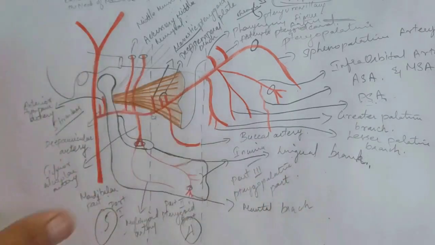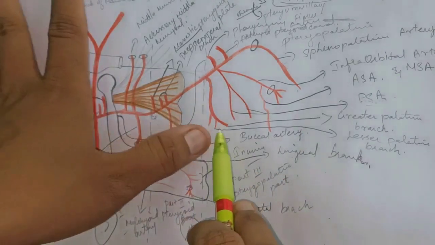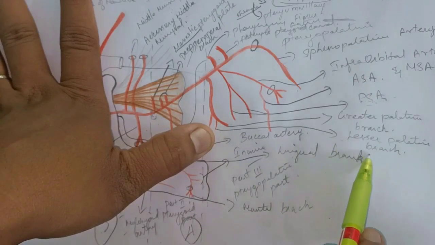So from there third part starts, that is from the upper head of the lateral pterygoid muscle to the sphenopalatine foramen.